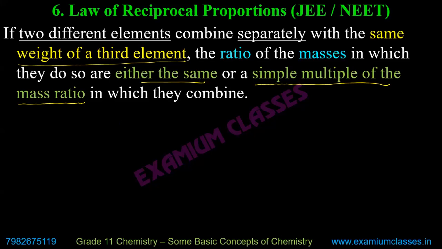Say in one compound, the ratio is 1:1. Then in another one, the ratio will be maybe 2:1. Now, if you calculate the ratio of these two, this you can write 1/1, this you can write 2/1.